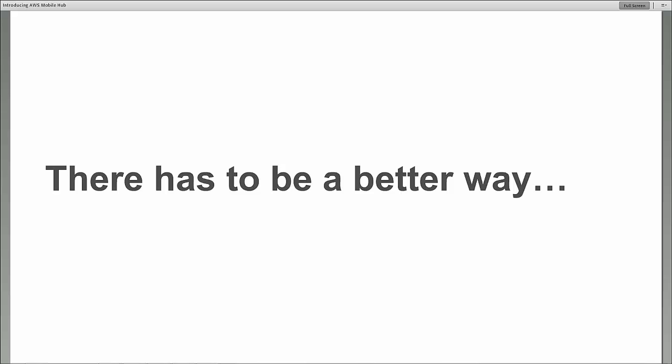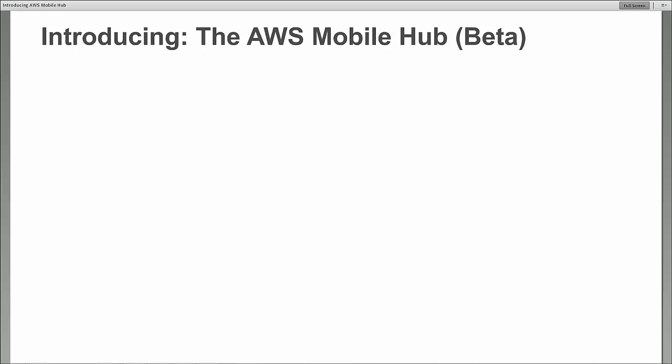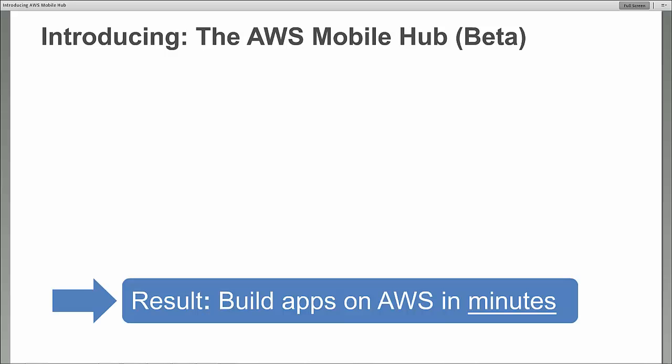And again, we took a look at how we could simplify our services and simplify the process overall of building a mobile application. And we'd like to introduce the Mobile Hub, which is currently in beta, and that's exactly what we're going to be talking about. First off, we wanted to have a solution that builds apps on AWS in minutes, not a significant amount of time to wire everything up.